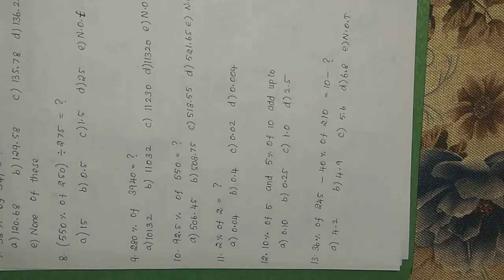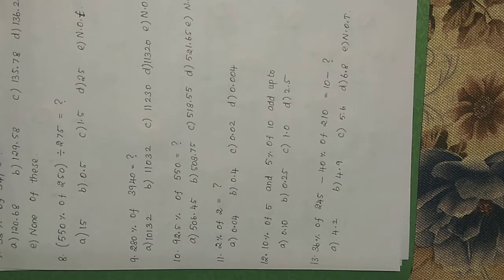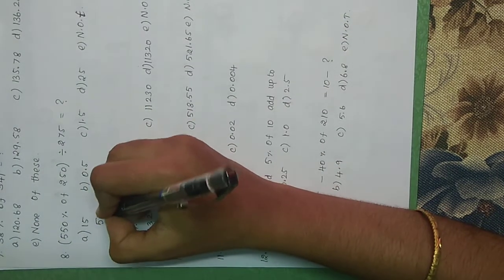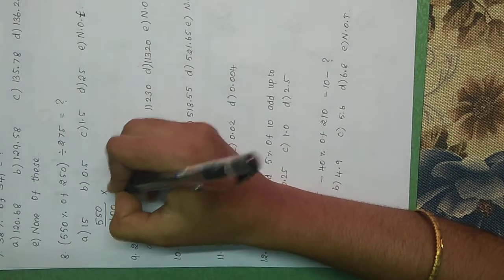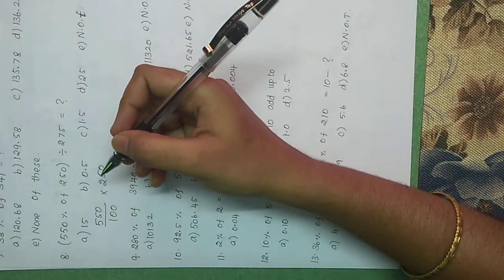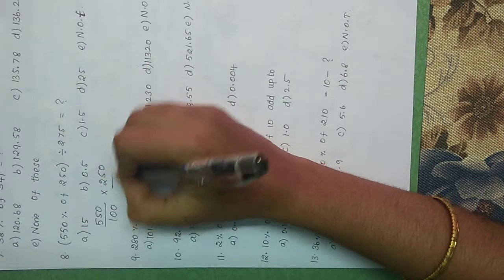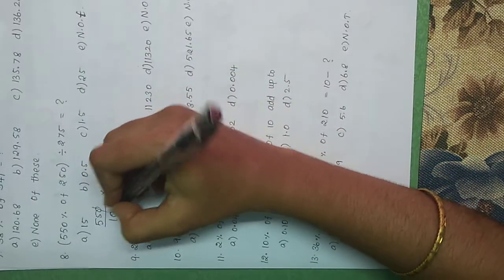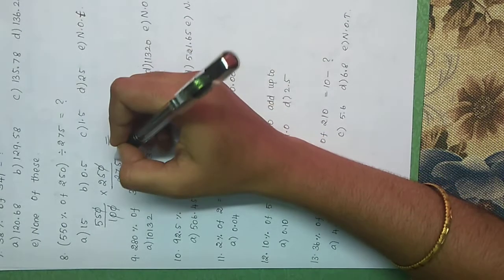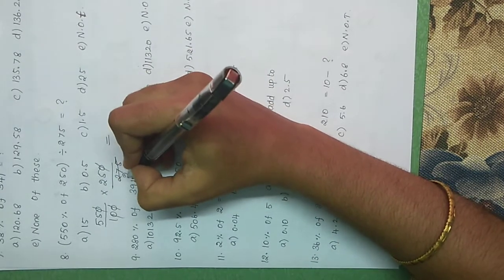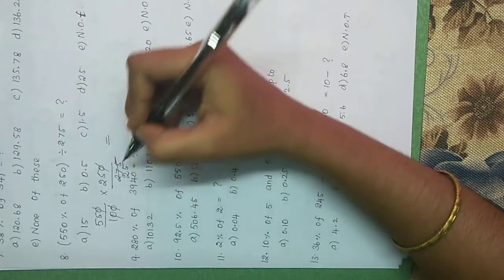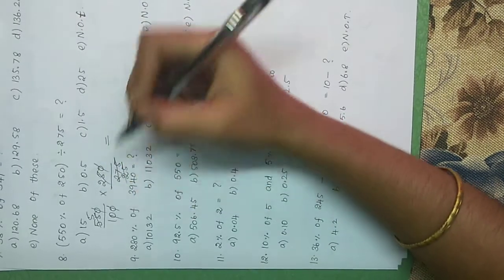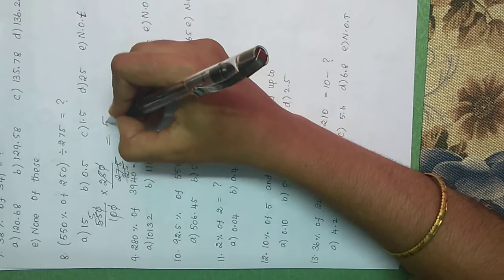Next problem. 550 percentage of 250 divided by 275 is equal to. So 550 percentage means 550 divided by 100 into 250, divided by 275, that is equal to 5.